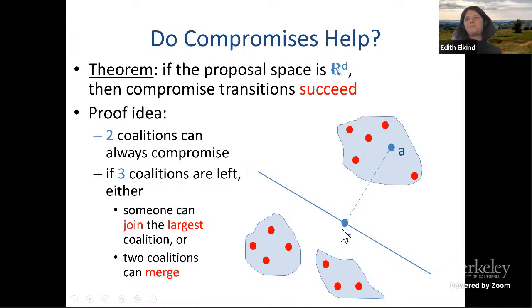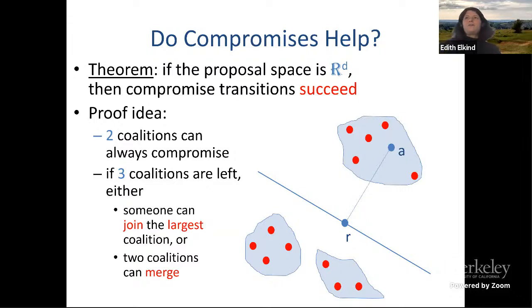I can find another proposal very close to R, but not quite at R, such that these 2 collisions can compromise over that proposal. So by the same geometric considerations, I can find a compromise that enables these 2 collisions to merge around this new compromise point. So either someone can join the biggest collision, or else there exists a merge. So if there are 3 collisions left, there's still a compromise available. So that's a contradiction.